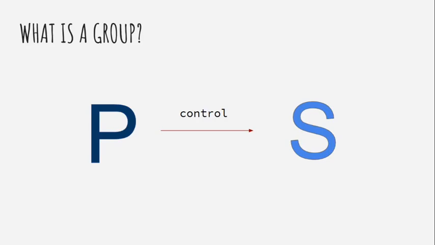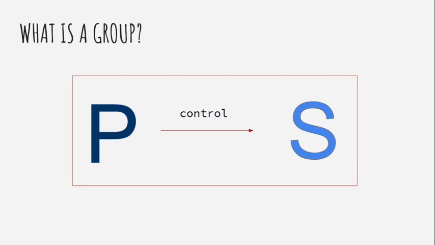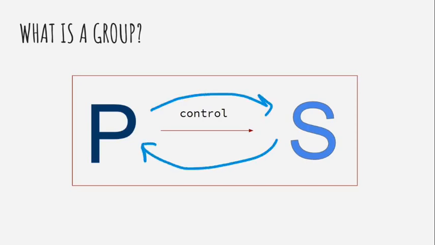Let's make it a little bit more visual. This red block now represents my group. Everything that happens inside this block, between the parent and the subsidiary company, is considered to be intragroup.